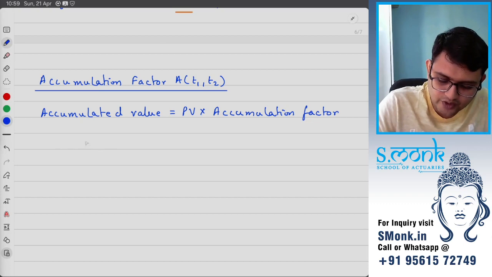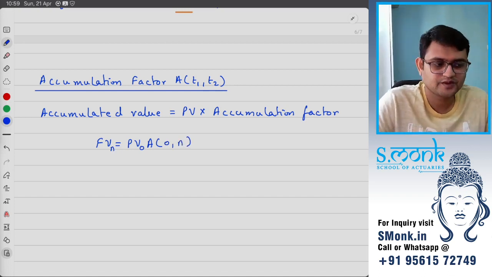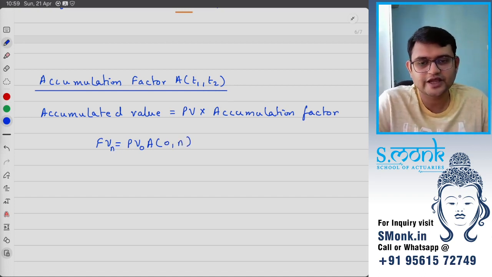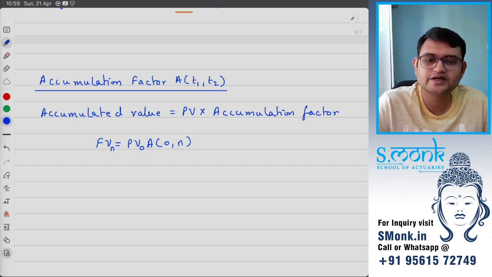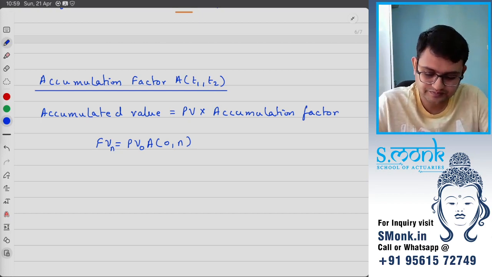So at any point, I'll say future value is nothing but present value into A, let's say this is at time 0 and this is at time n, so A(0, n). So the accumulation factor goes from the first time to the second time. That is how we write the accumulation factor. Okay.